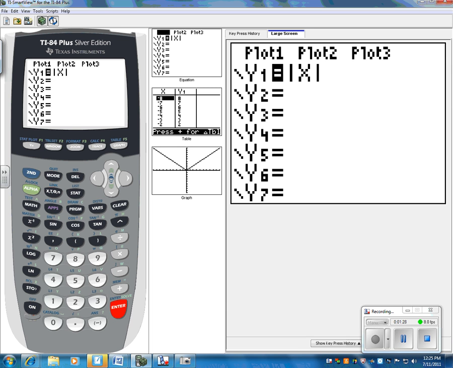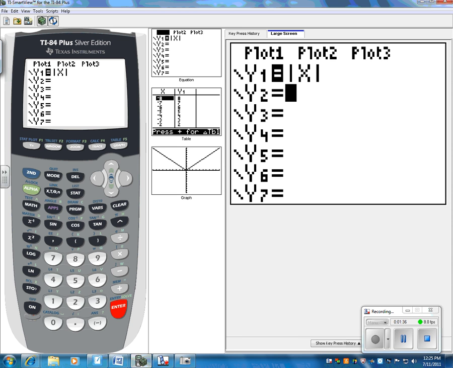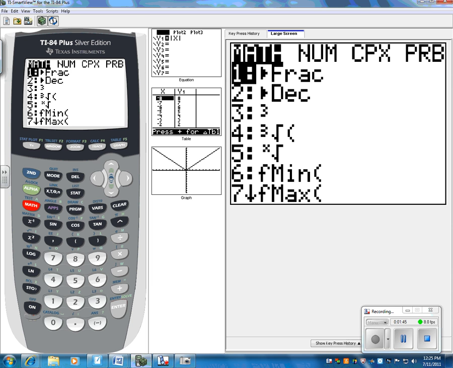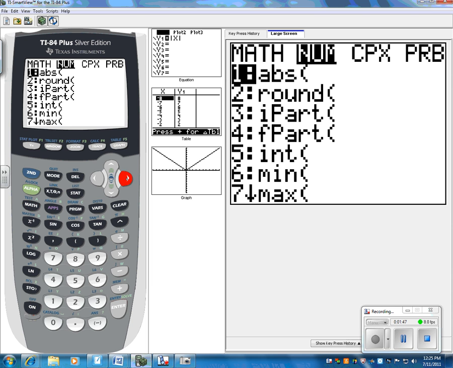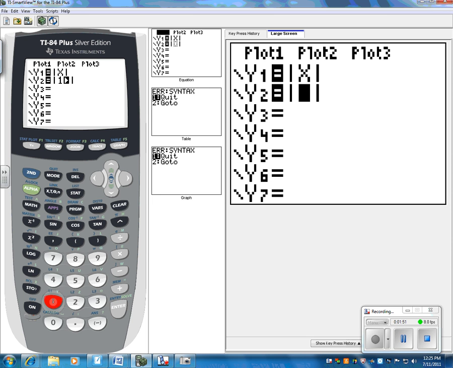Now that was the first graph. And if we go back and take a look, the second graph was 1/2 x. So we're going to graph this one as well. With the 1/2 x, we're going to do the same thing. The 1/2 is inside the absolute value function. So we're going to hit ABS, and then we're going to make a fraction, 1 divided by 2, and put our X in.